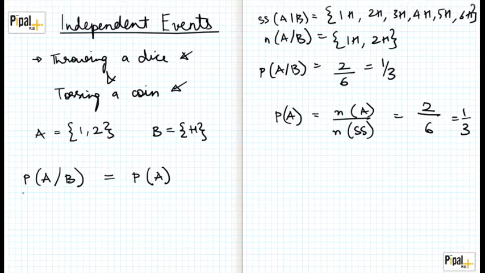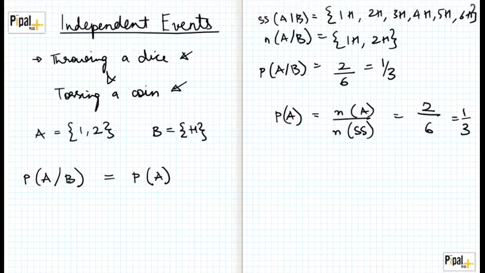So you notice that the probability of A given B equals the probability of A. Hence, we can say that throwing of a dice and tossing of a coin are independent experiments. And getting a 1 or 2 on the throw of a dice and getting a heads on the coin are independent events.